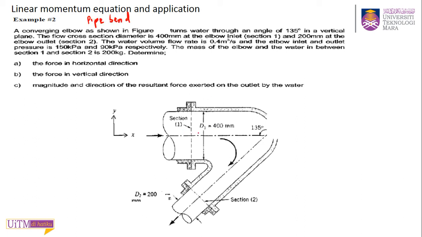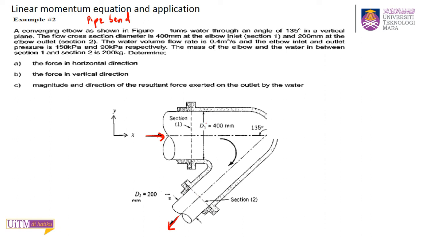So this is your pipe, and the pipe is bent. Okay, macam ni. This is your velocity in and velocity out. It says converging elbow as shown in figure turns water through an angle of 135 degrees in a vertical plane. The flow cross section diameter is 400 mm at the inlet and 200 mm at the outlet.